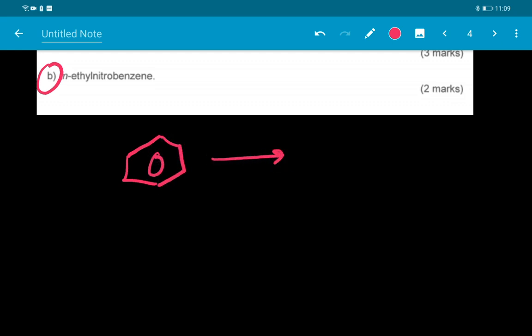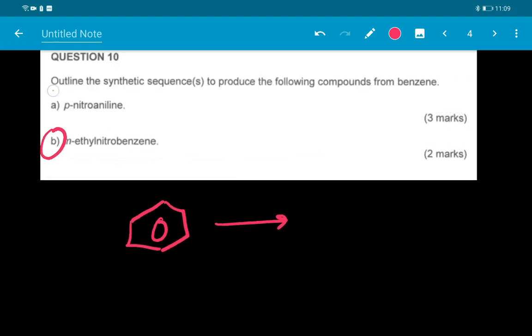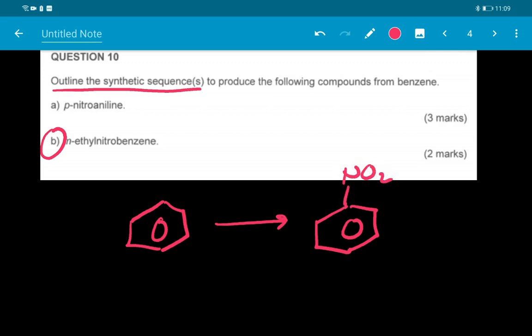And then the question asks us to outline the synthetic sequence to produce m-ethyl nitrobenzene, which means that we have nitro, and then we have ethyl positioned at the meta. Again the same thing: the meta is located between carbon 1,3 or 1,5. So we just write it simply like this.